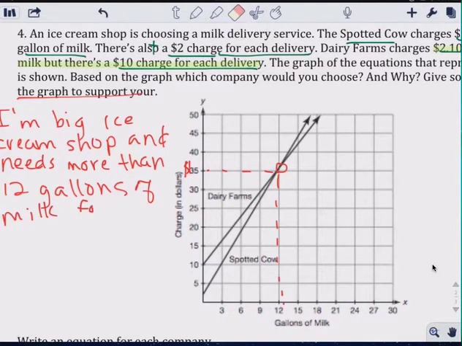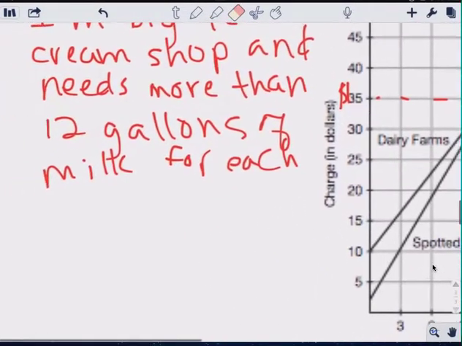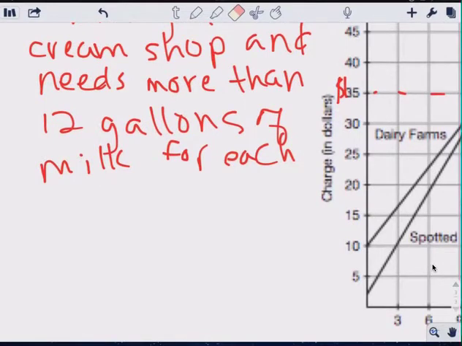Okay, for each delivery. Oh, I need a stylus for each. Writing with my hand doesn't work. Delivery. Okay.